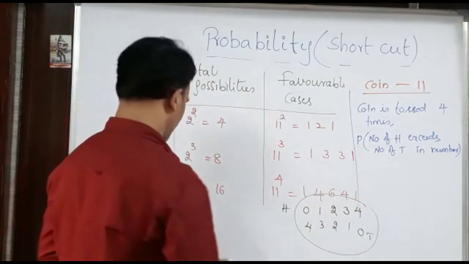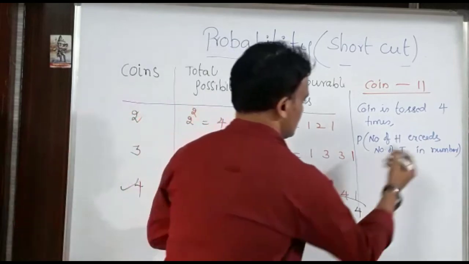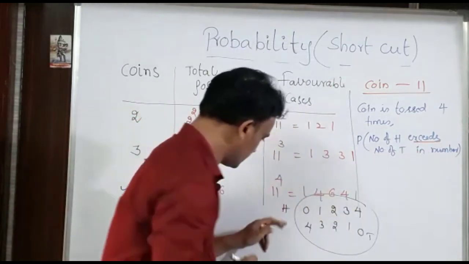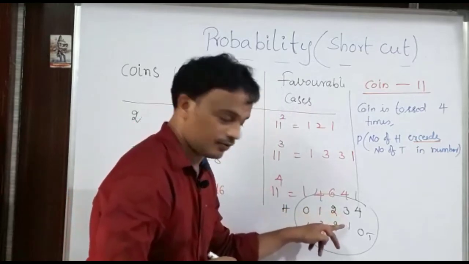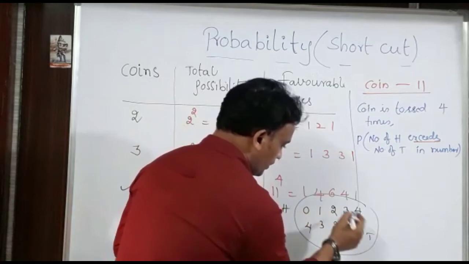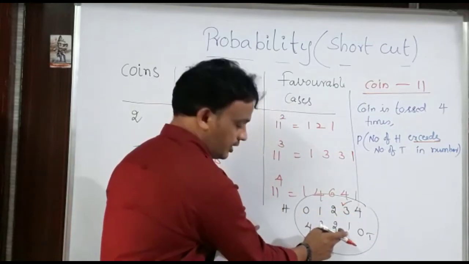Now coming to the question. In this question the number of heads should exceed the number of tails. So in which case will the number of heads be greater than the number of tails? Here number of heads is 3 and tails are 1.